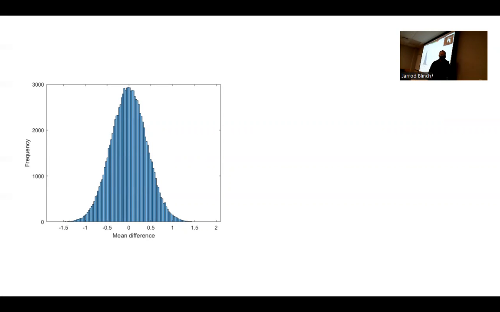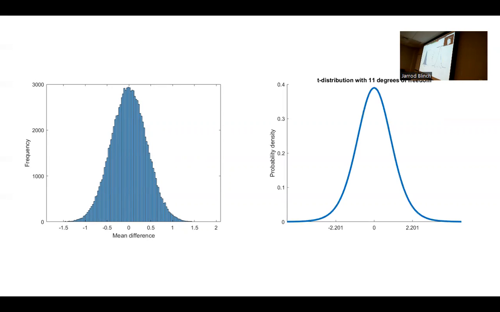For independent samples, we can look at the t distribution based on 11 degrees of freedom, using this example where there's 12 participants. That histogram has the same shape as our t distribution with 11 degrees of freedom.